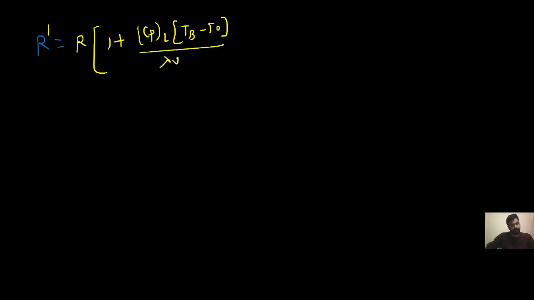that is R dash, is equal to R into 1 plus Cp of L and Tb minus T naught upon lambda V. Now understand this is R dash, which is called the internal reflux ratio.